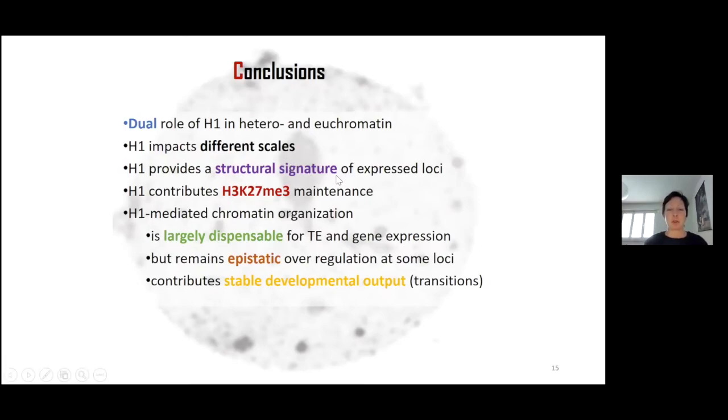It provides some structural signature along the expressed loci, contributes to H3K27 maintenance, and H1-mediated chromatin organization can be dispensable, quite largely, for transposable element and gene expression. But for some loci, it can remain epistatic over regulation. And the subtle developmental phenotype we observe lets us think that it contributes not to the basic developmental process, but rather to stabilize the developmental output.